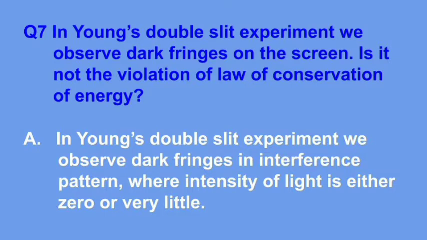In Young's double slit experiment, we observe dark fringes on the screen. Is it not the violation of law of conservation of energy? The answer is, in Young's double slit experiment, we observe dark fringes in interference pattern, where intensity of light is either zero or very little.